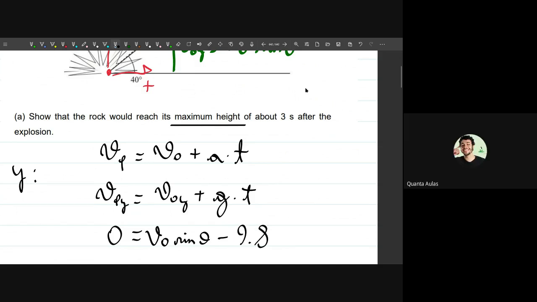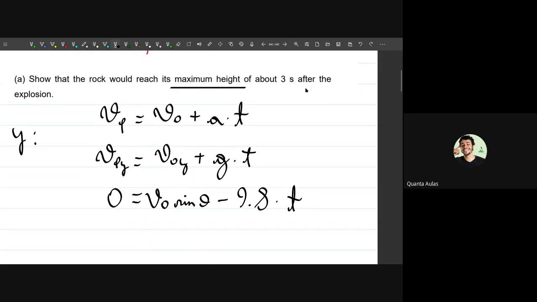And time, well, here we are searching for the time to prove this information. So I will stay with t here, and I will substitute the values, because we have these values. We have v0 is 15, and sine of theta is sine of 40, right?